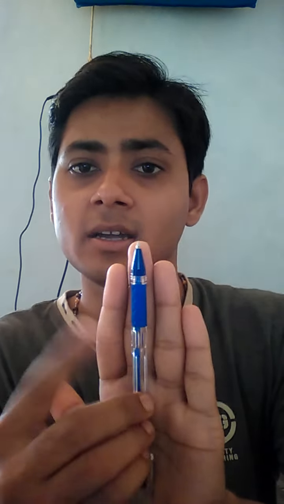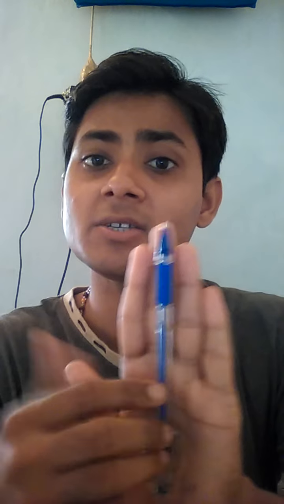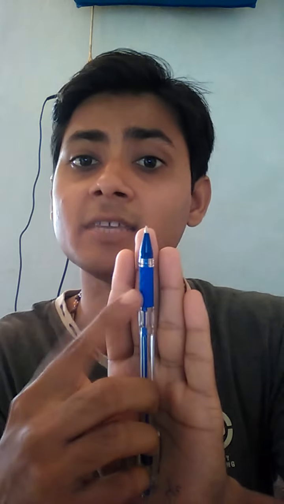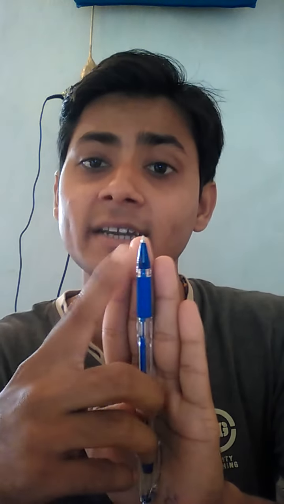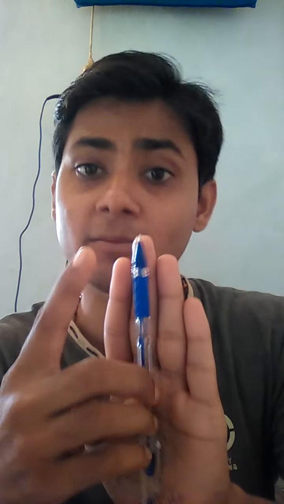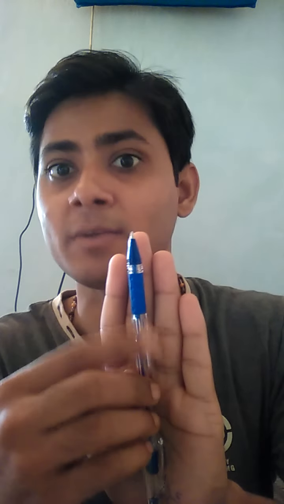Under the influence of the magnetic field, the orientation of this magnetic nanoparticle changes. Suppose this is the magnetic moment, and the magnitude of this magnetic moment is nothing but the magnetization of the particle.